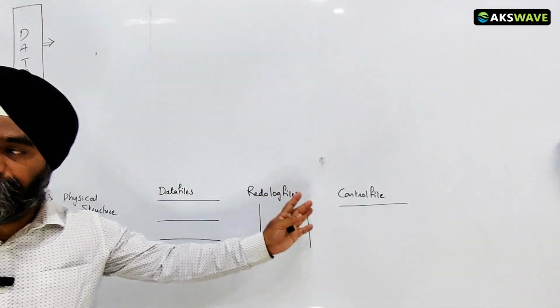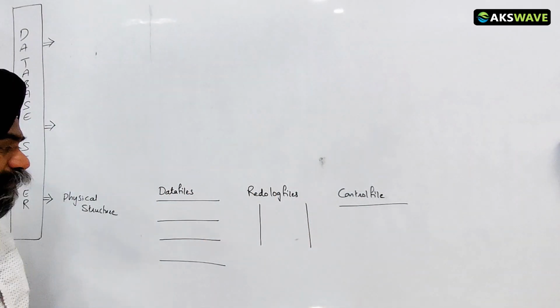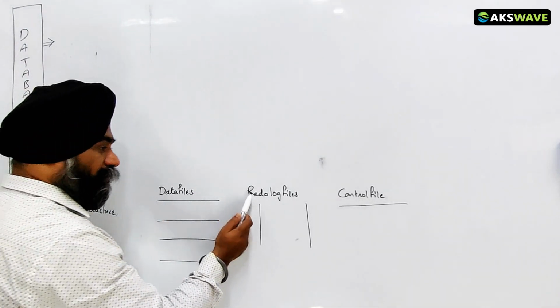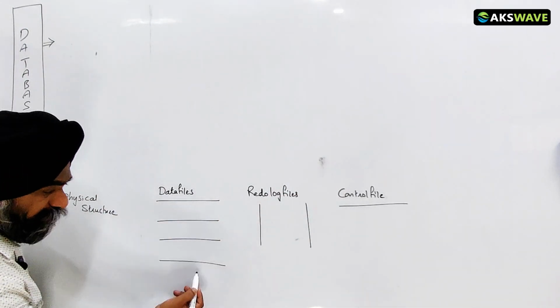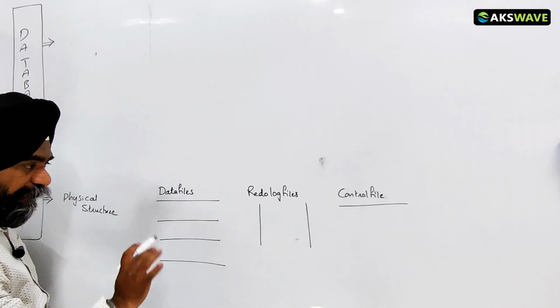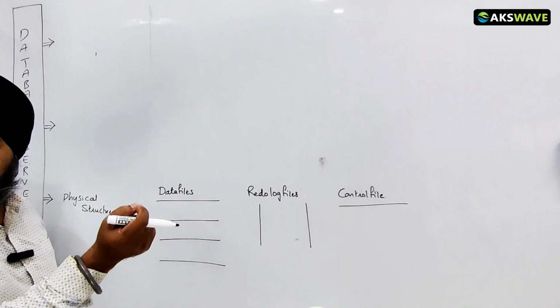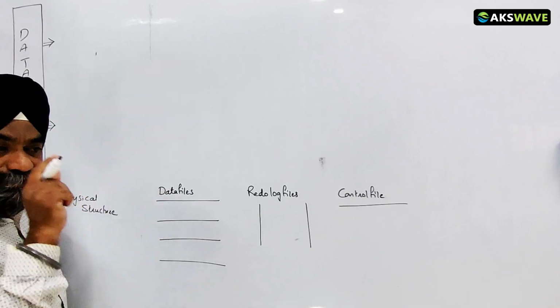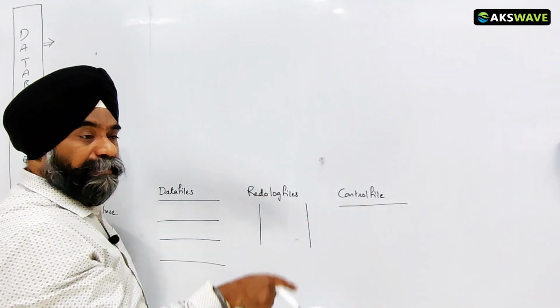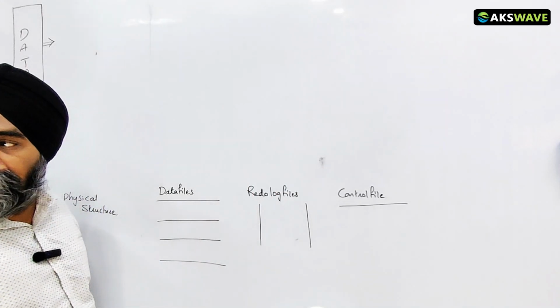There are three types of files we have in a database. What are those? Data files, redo logs, control files. Normally they end with some extension. Every file will have some extension. .doc, just seeing that I can say it is a Word file. .pdf, it is a PDF file.